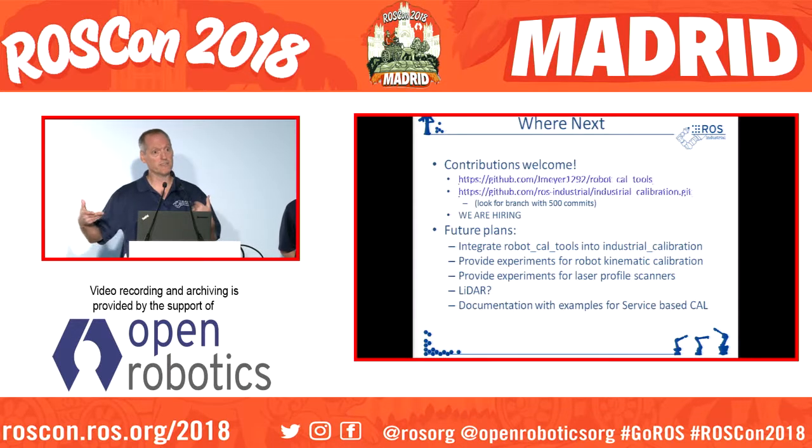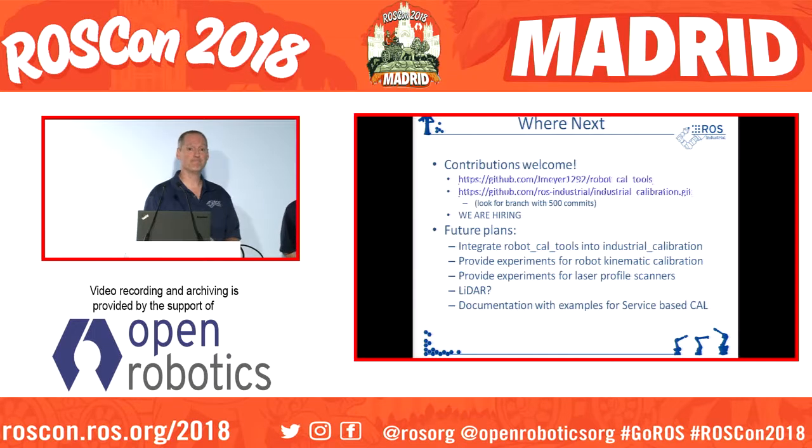So we'd like to advance these same concepts to use cameras to calibrate the kinematics of the robot. We'd like to provide more experiments with laser profile scanners and LiDAR sensors. And of course, we need to do a lot of documentation for what we have already so that people will use it and help us make it better. Thank you.